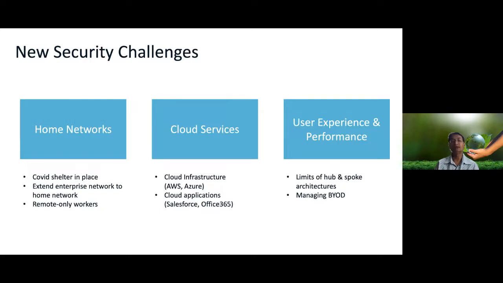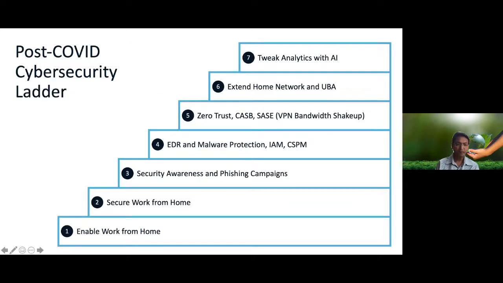So when we started, next slide, please. When we started on this journey, we created this 7-step ladder, right? I'll briefly go over that and how our zero trust network access journey went. So we had to enable work from home. I mean, we had no choice. Now, at that particular point, we obviously had VPN.